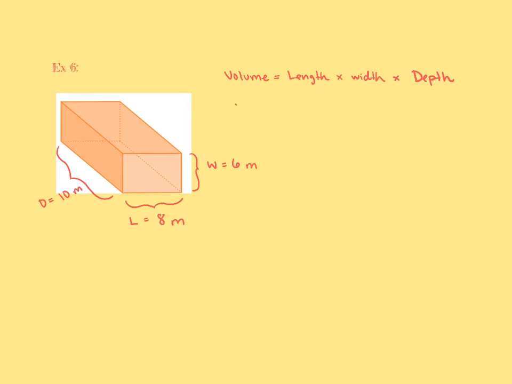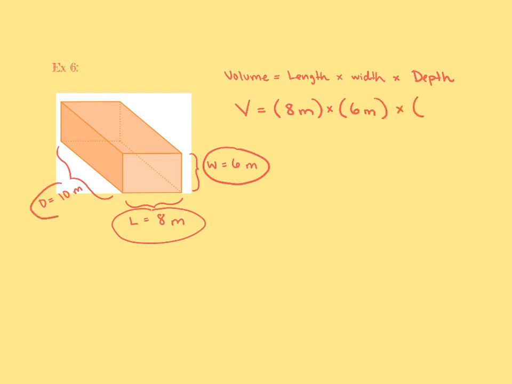So let's make volume equal V. The length is here. That's 8 meters. So I'm going to put it in its parentheses. The width is here, and that's 6 meters. And now the depth is here.